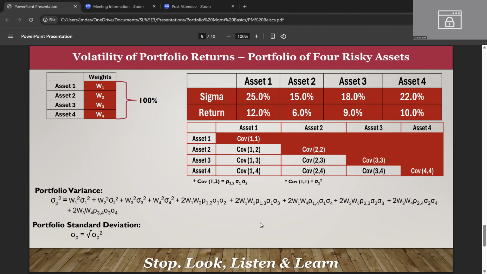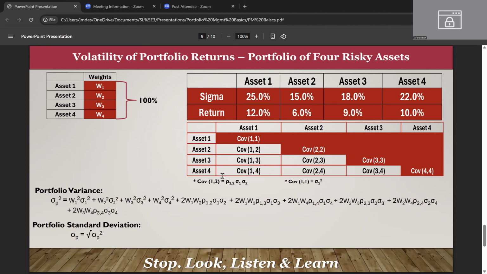So as you can see here, the return of the portfolio in any period is going to be a function of what the returns are on each one of those four assets, as well as what the covariances of those returns are amongst those four assets. But this is basically how you would extend those simple concepts to a portfolio that has more than two assets.